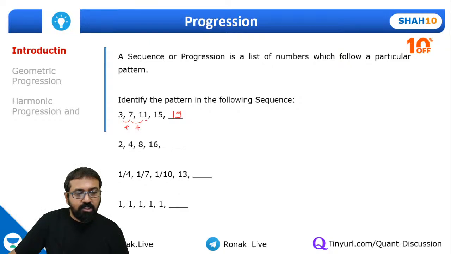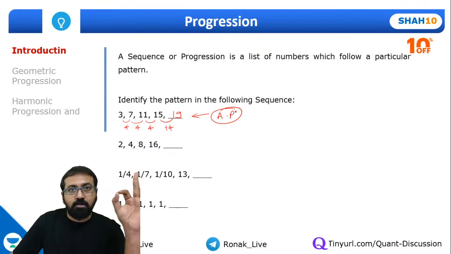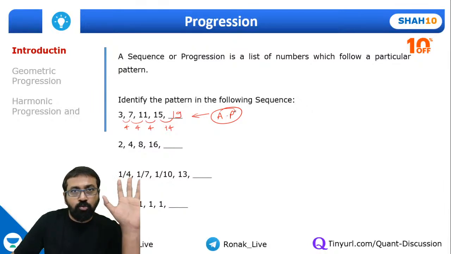So it is changing by 4. Same way, if I add 4 to 15, I'll get 19. So this progression or this sequence is called arithmetic progression, where the difference between two consecutive terms is the same. Right, so I'm sure you all are pretty clear about arithmetic progression. The difference between two successive terms is the same.